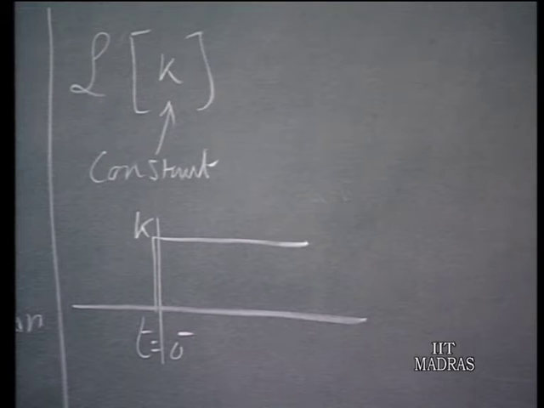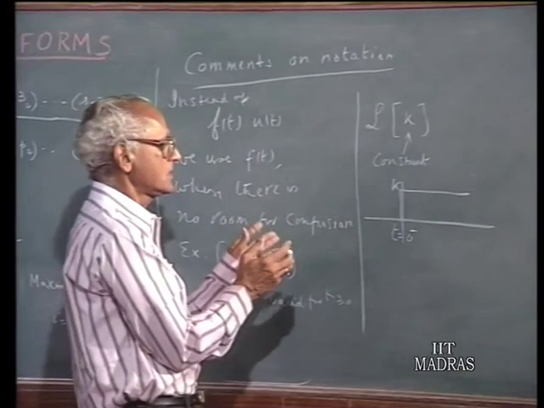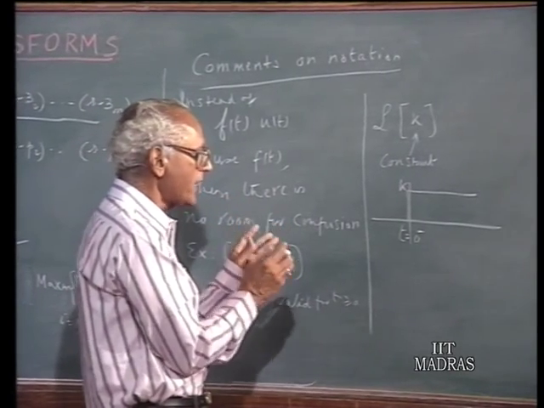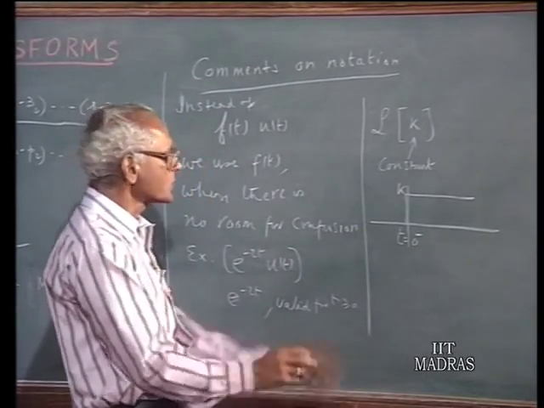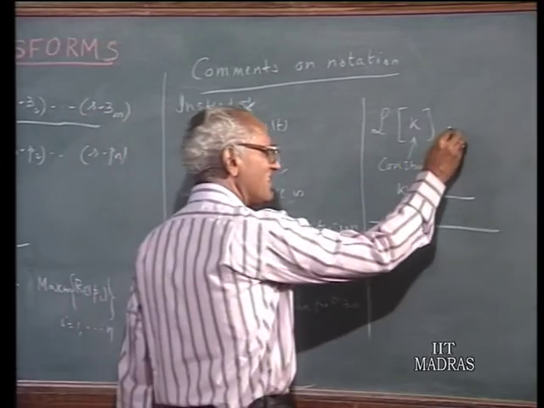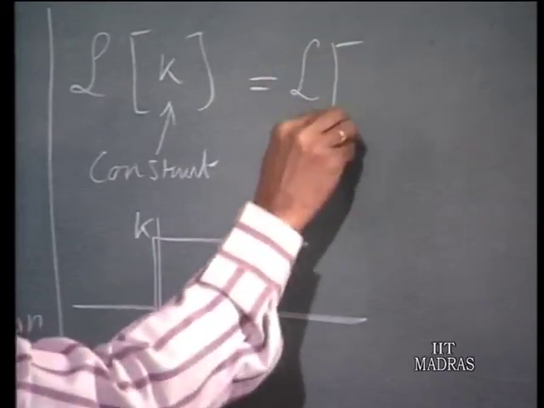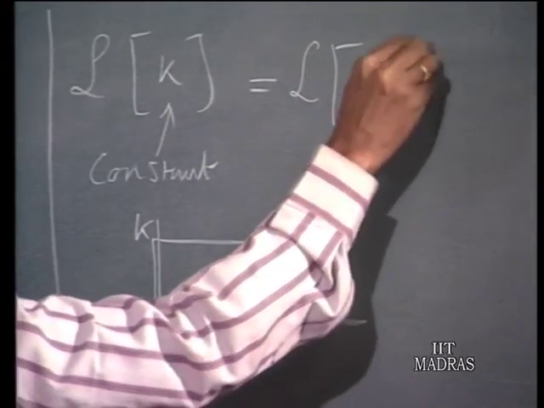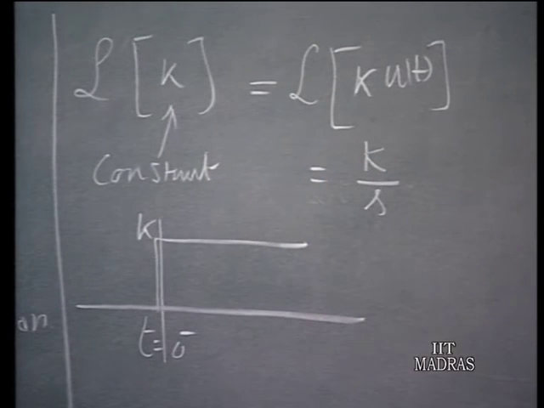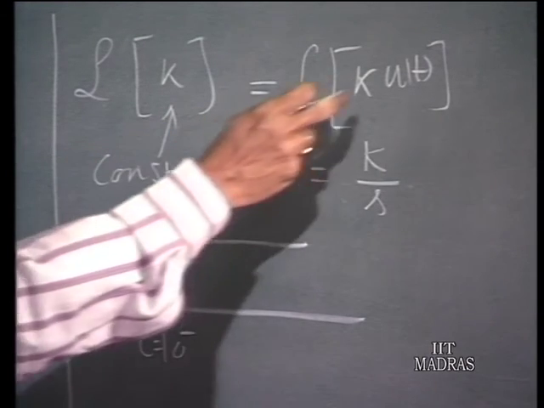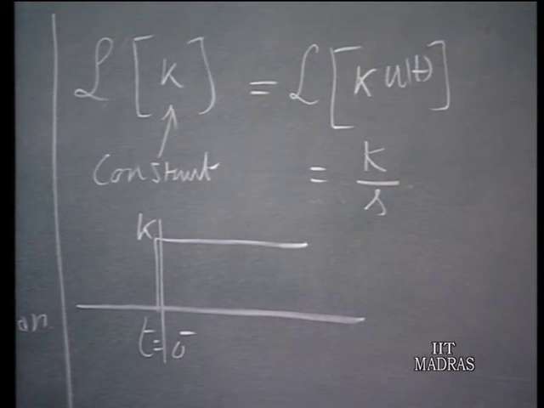Therefore, even if you want to find the Laplace transform of a constant, we regard that function to have a value k starting from t equals 0 minus and 0 for values of t less than this. So we treat this as the Laplace transform of k u of t and say this is k upon s. We do not sometimes exhibit this u of t specifically; it is understood.